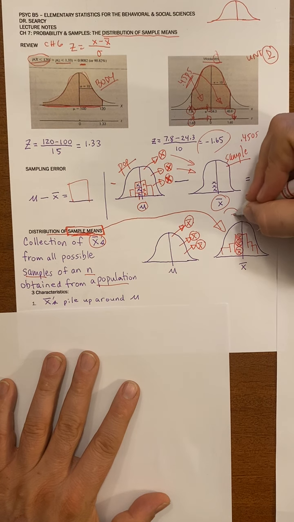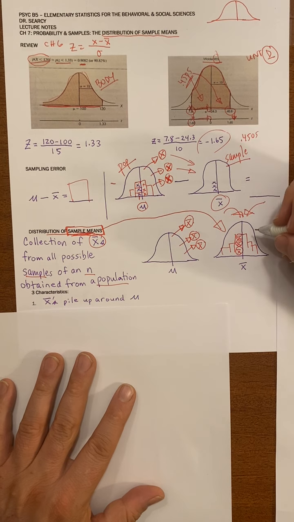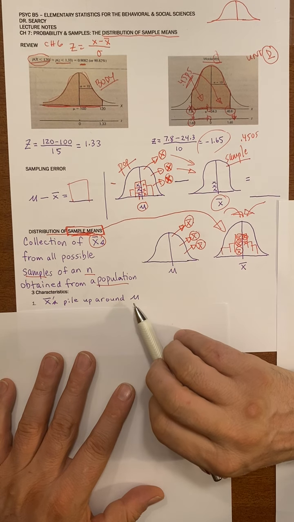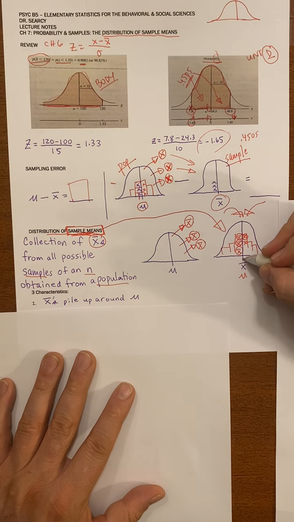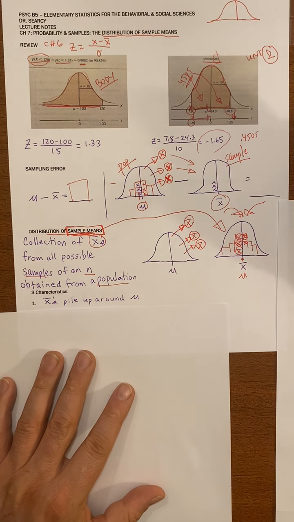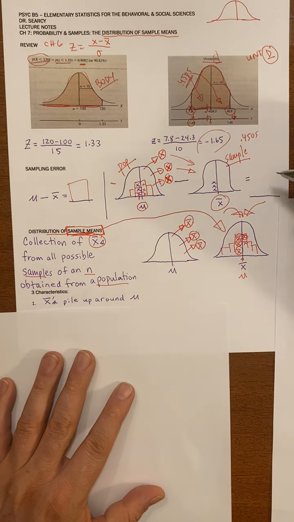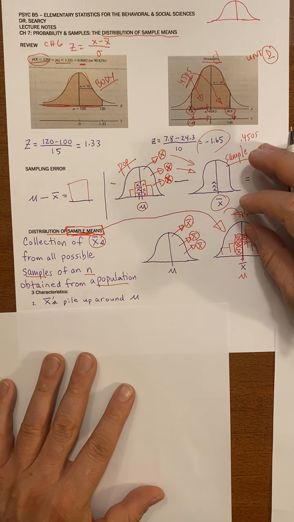So you're dropping them in, they're piling in. As they come in, they're going to tend to pile up around the population mean. And so in this case, the population mean would line up right there. Okay, so that's the first characteristic. Everything's going to pile up around the mean line as they come in.